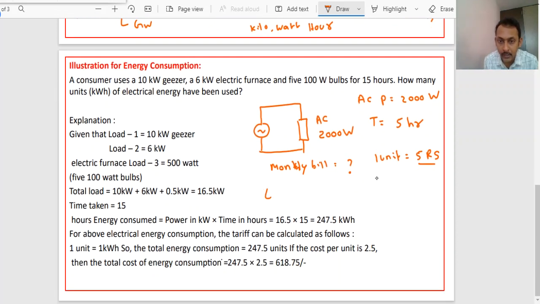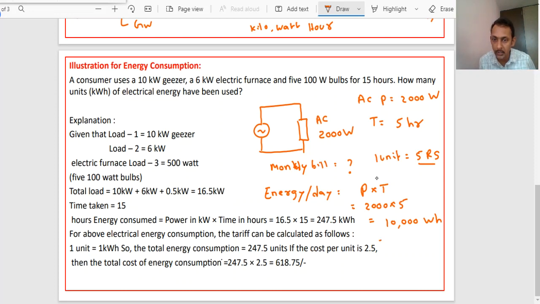Now what will be the energy consumed? Energy consumed in a day will be power rating, power into time. So here what is the power? 2000 watts into what is the time? Every day it is getting operated for 5 hours. So this is around 10,000 watt hours, but express it in kilowatt hours.